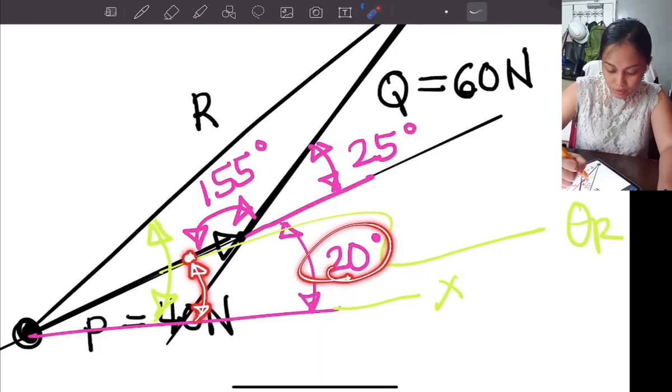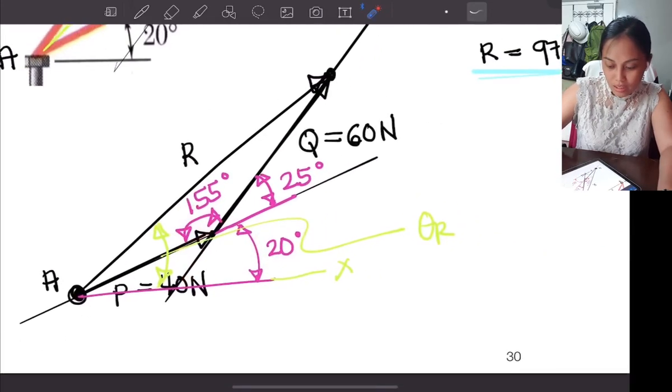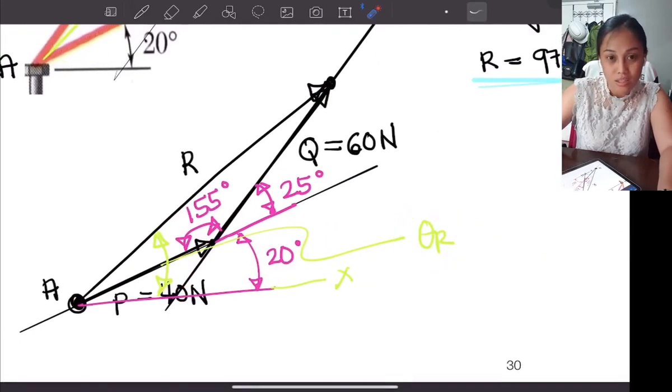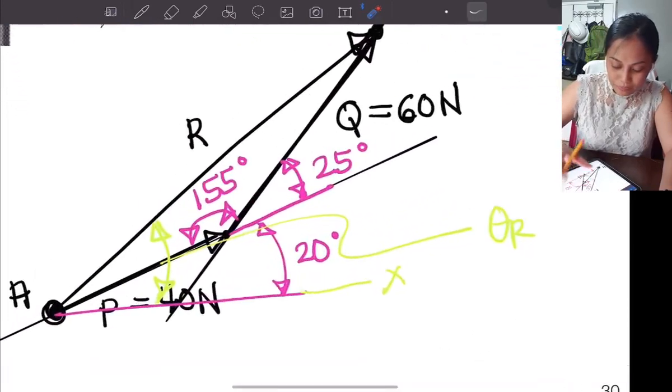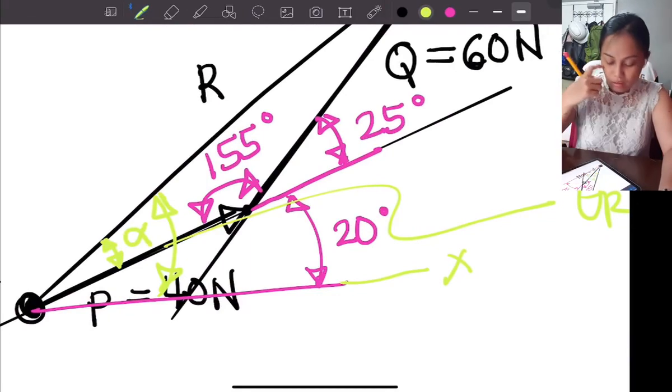From this point to here is the unknown value, which we denote as angle alpha. Once we know alpha, we can add 20 to get the direction.